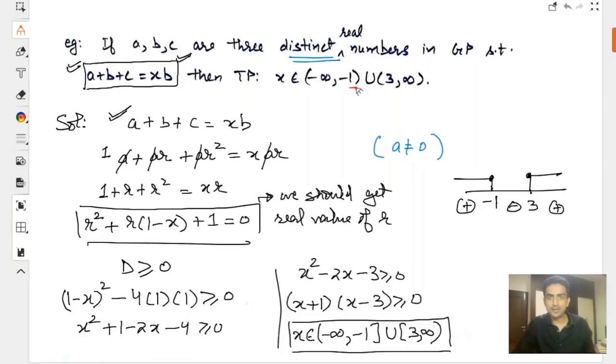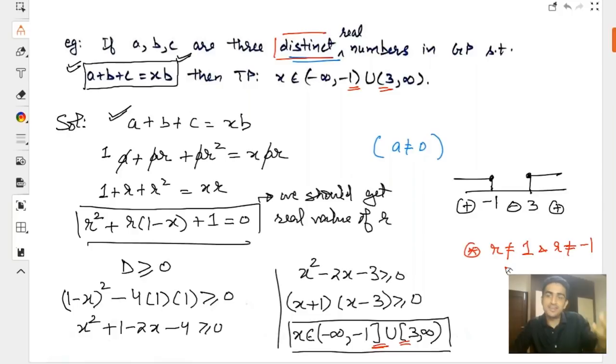But observe, we have closed bracket here. Still something is missing. Distinct. Guys, a GP has distinct real numbers when R is not 1 and R is not minus 1.